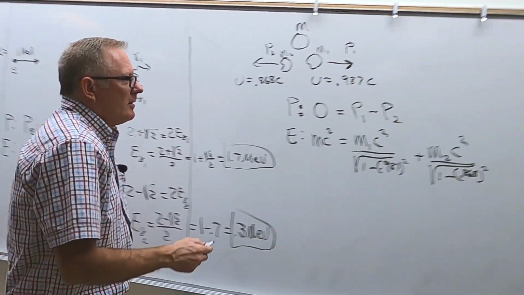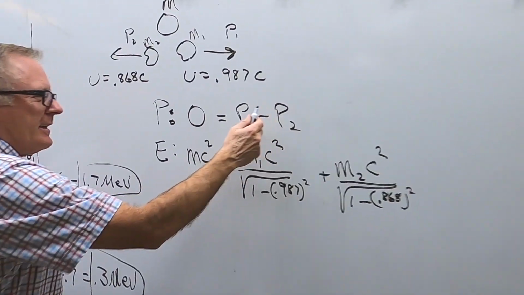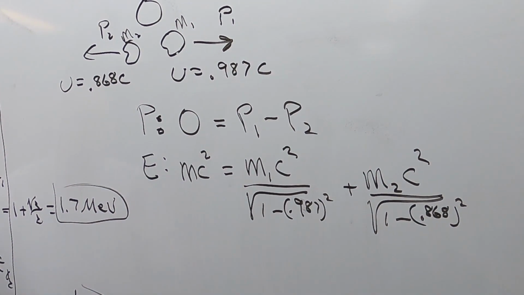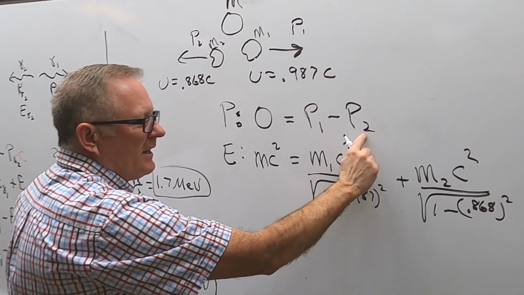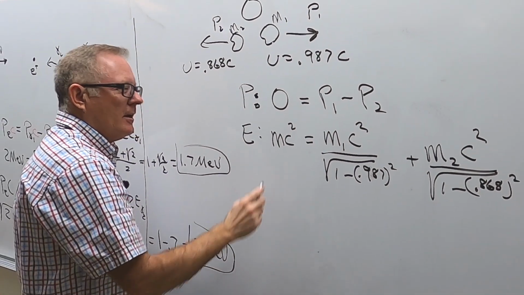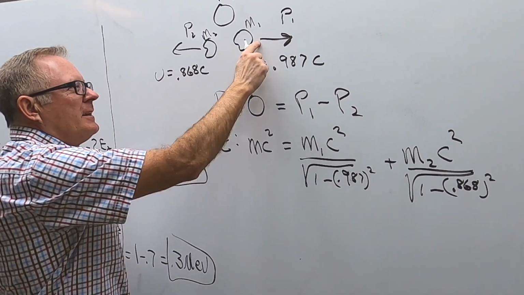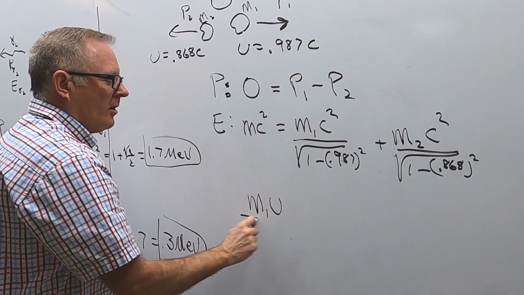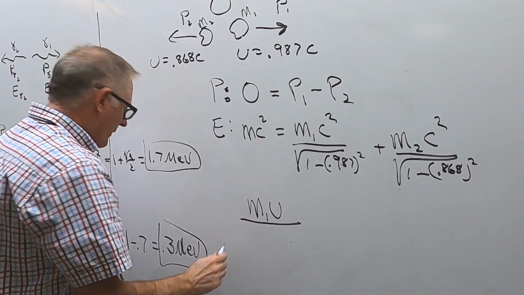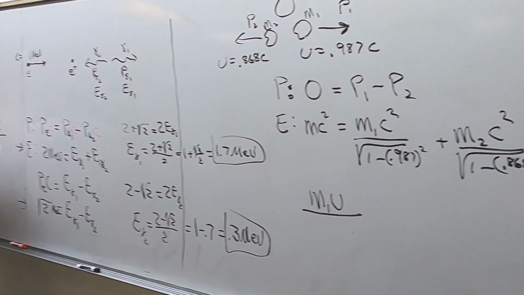Well, let me come back up to this equation and plug in our momentum. Since they've given me u, I might as well plug them in. And that means P1 equals P2 from this equation. But P1, the momentum of that one, is just M1u all over the square root. Remember what u was.